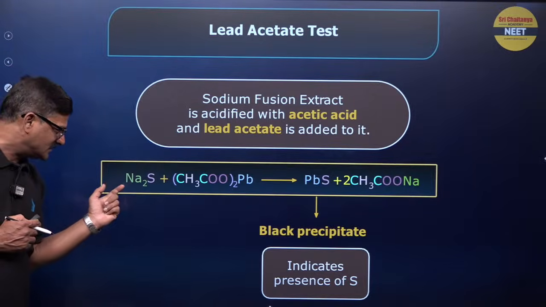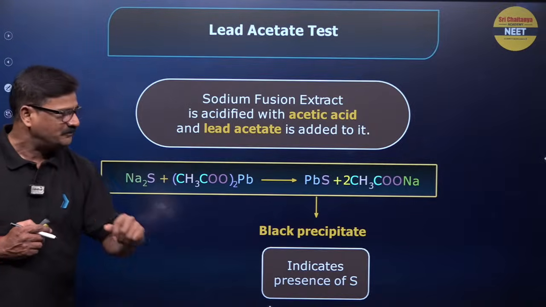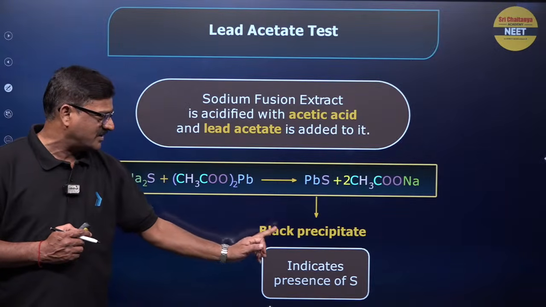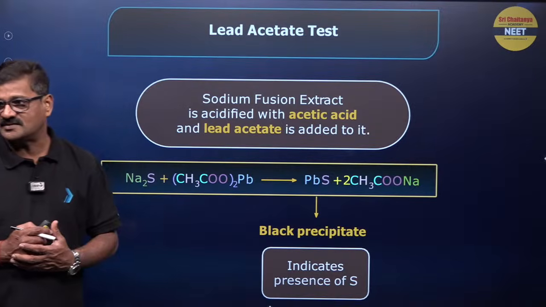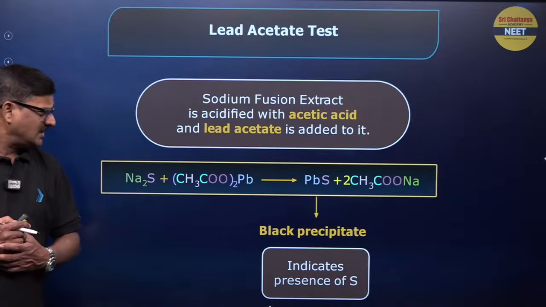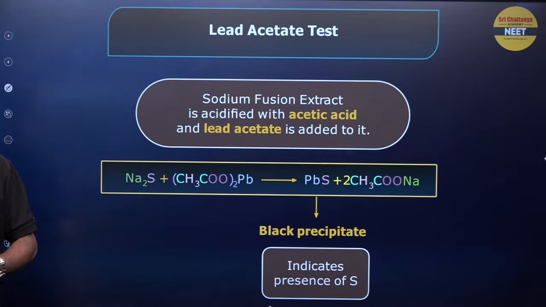So Na2S, this is the extract. To that lead acetate is added, you are going to get lead sulfide, and this is a black precipitate. Appearance of this black precipitate indicates that sulfur is present.